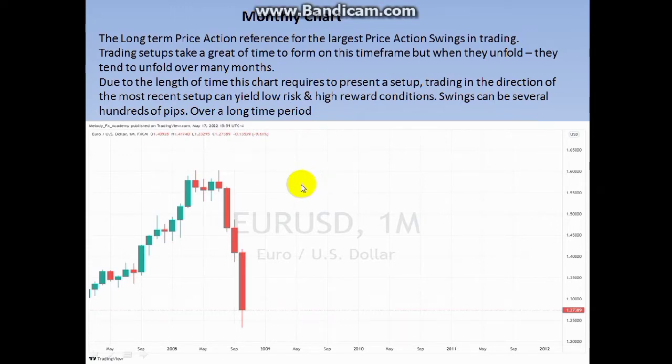A single setup got right from the monthly time frame can really yield low risk and high reward conditions. At the same time, it can offer swings, can offer several hundreds of pips, okay, over a long time period.